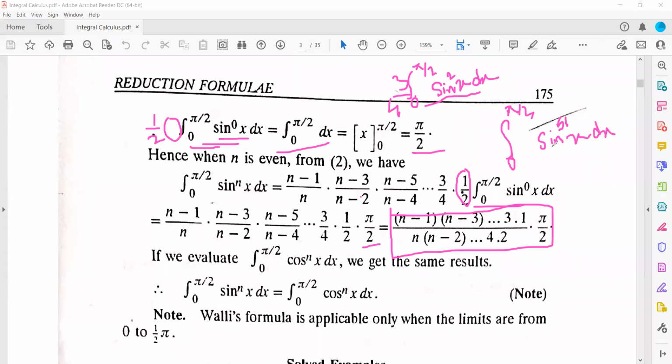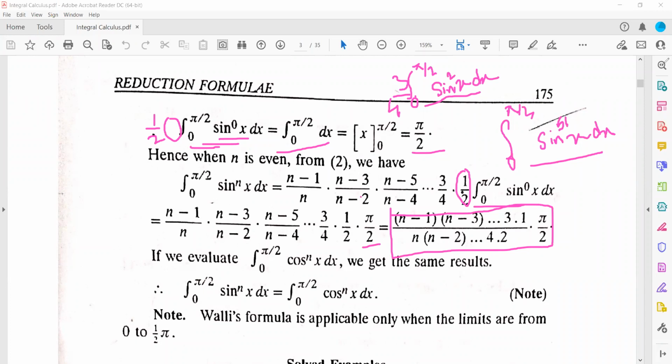Without using this formula, is it possible? No doubt it's possible, but it's very tedious work to find the integration of this one without using this result, without using this Wallis formula.